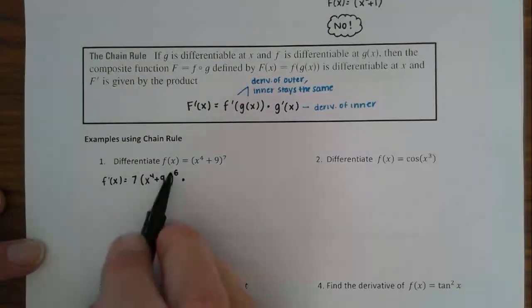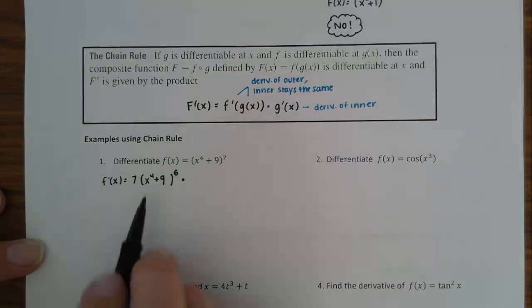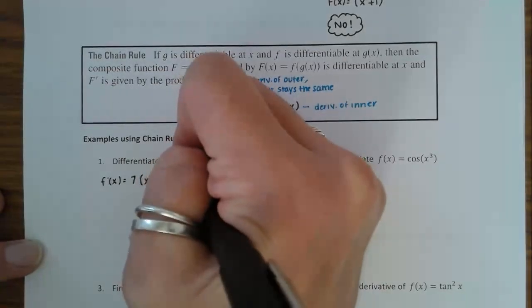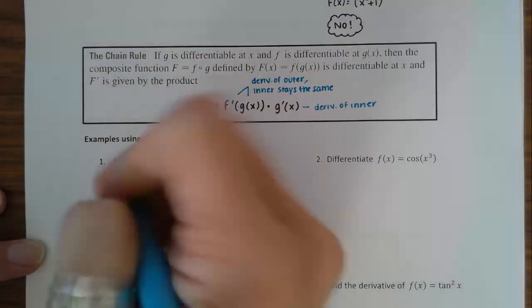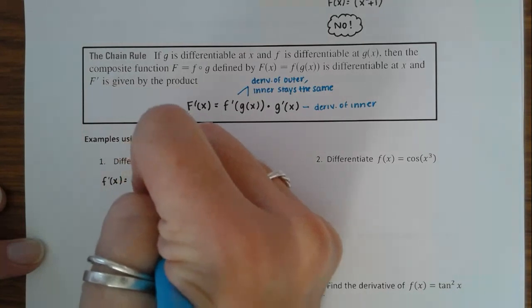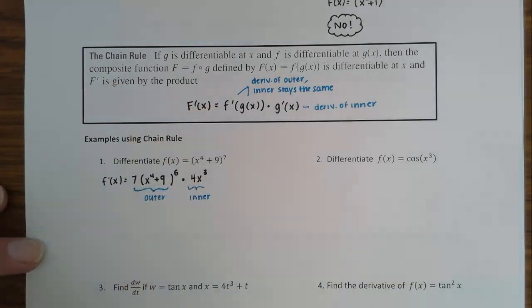So I've taken care of the outside stuff. Now I'm going to concentrate on the derivative of the inside stuff. So just the x to the 4th plus 9, I want to get the derivative of, which would be 4x to the 3rd power. So here's my derivative of the outer, and here's the derivative of the inner. I'm just going to clean that up a little bit.